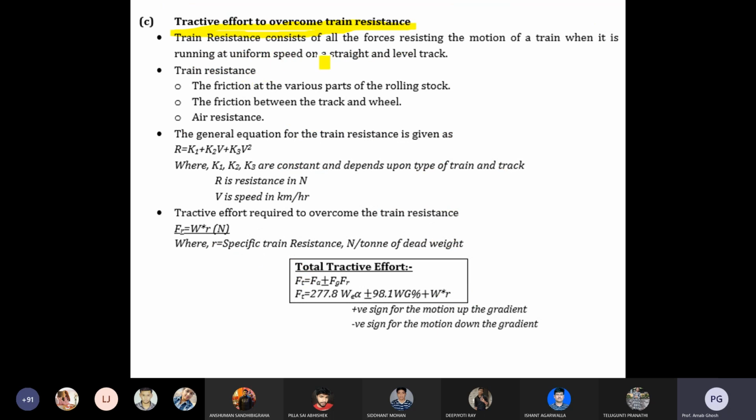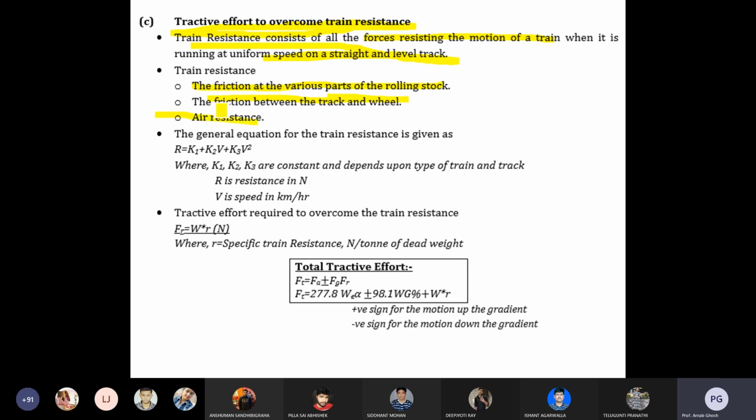Okay, so train resistance consists of the forces resisting the motion of a train when it is running at uniform speed on a straight and level track, almost linearly running. Train resistance comes from the friction at the various parts of the rolling stock, friction between the track and the wheel, and air resistance.